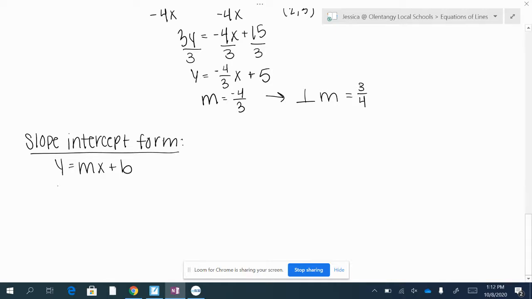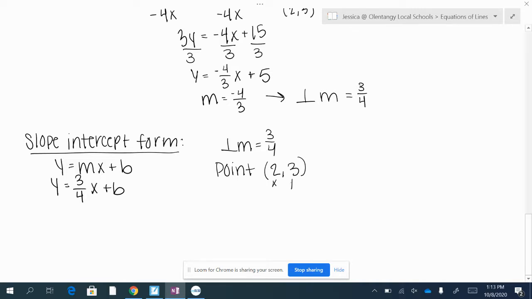So all I know right now is my new slope, y equals 3/4 x plus b. And I also know that I have a point at 2, 3. Okay, so my perpendicular slope is 3/4, and I have a point at 2, 3. So I'm going to use that point to plug into my equation to solve for my b value.